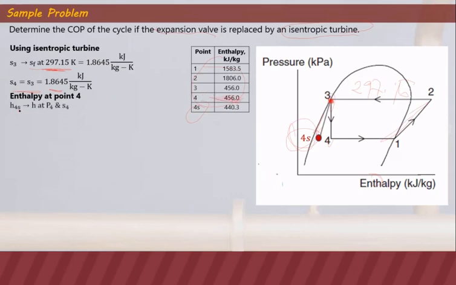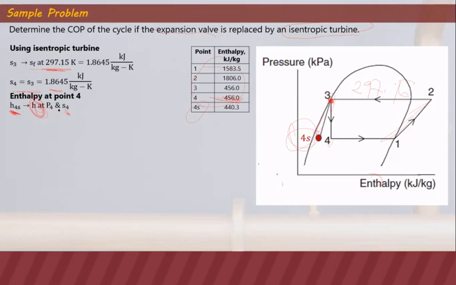To get the isentropic enthalpy at point 4, H4s, it is the enthalpy at pressure P4 and S4. Since we know the pressure at point 4 based on the table that we already tabulated a while ago, we can compute the enthalpy at point 4. You can also use the temperature; you can use either the temperature or the pressure. Here I use pressure.